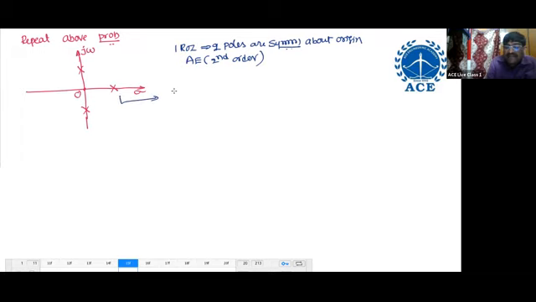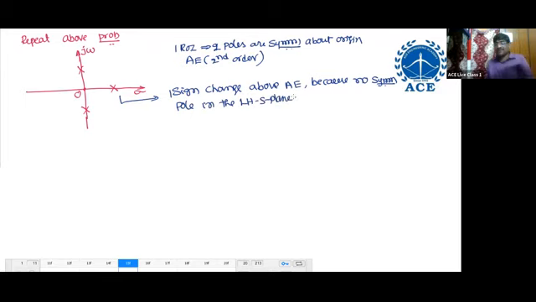And one sign change above the auxiliary equation, because there is no symmetrical pole in the left of the S plane.